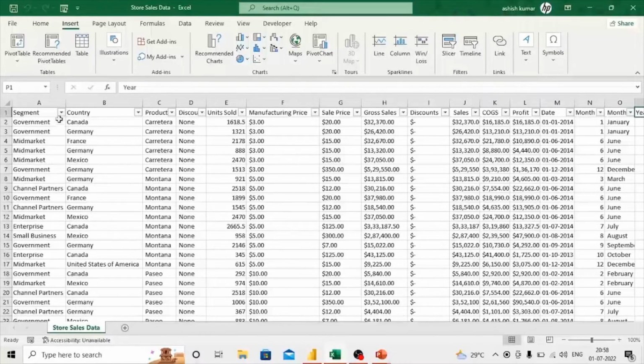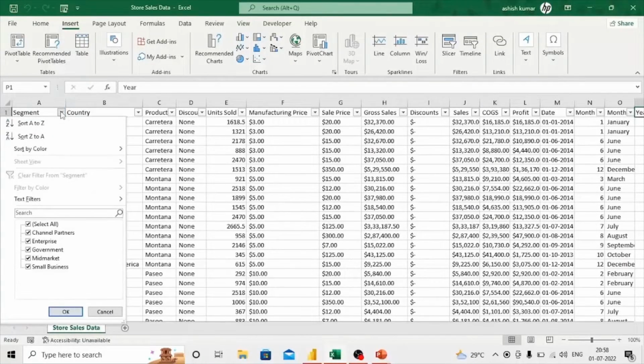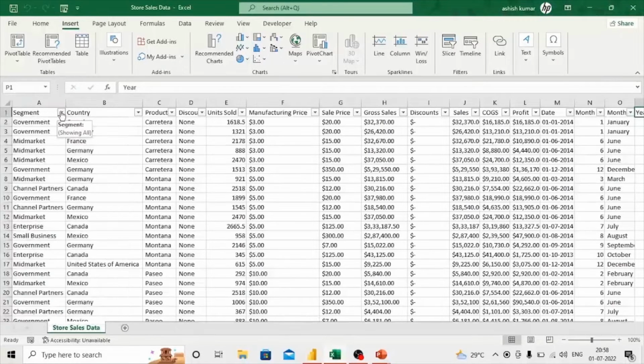In my data, at first I have the names of various segments of sales.